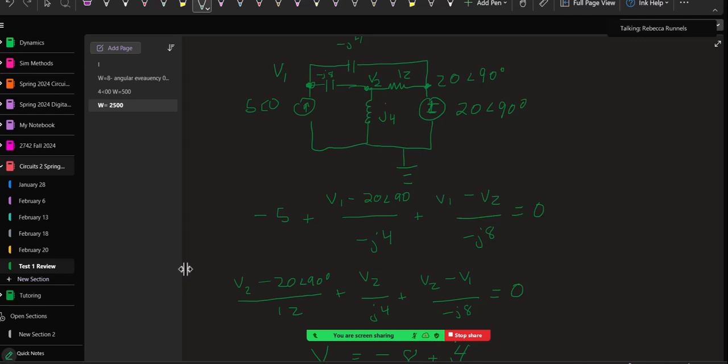I know students from past semesters said that the hardest thing was the time budgeting on the test. Like I said at the beginning, I have the real bad habit of getting bogged down in a problem. I would have done the first problem, found that I didn't have the right answer, and spent too much time on that. So try not to do that, and work to your strengths.